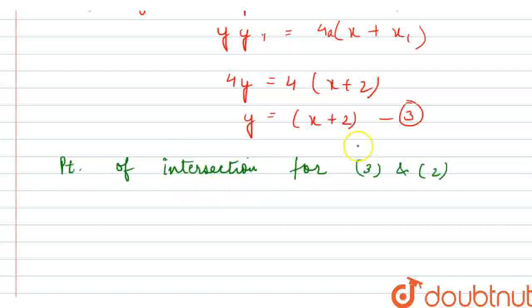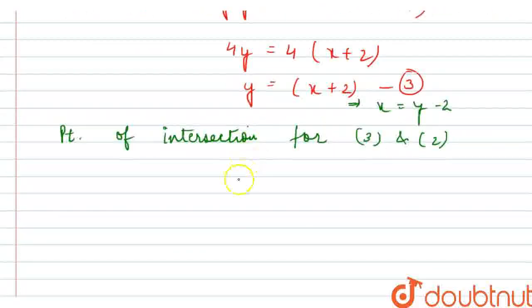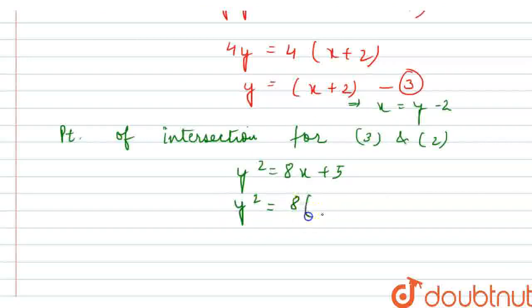So I am finding the value of x, which is equal to y minus 2. I'll substitute it in equation number 2, that is y square is equal to 8x plus 5. So using x is equal to y minus 2, it will become y square is equal to 8 into y minus 2 plus 5.